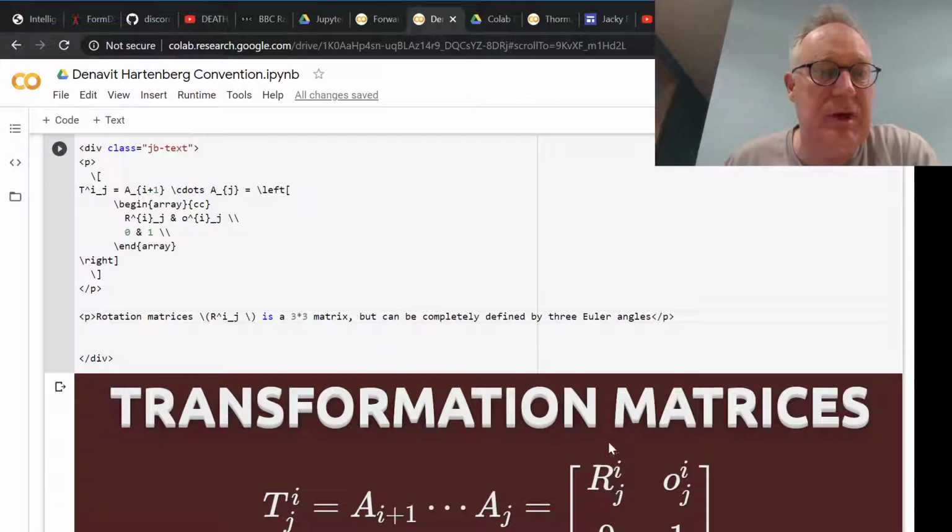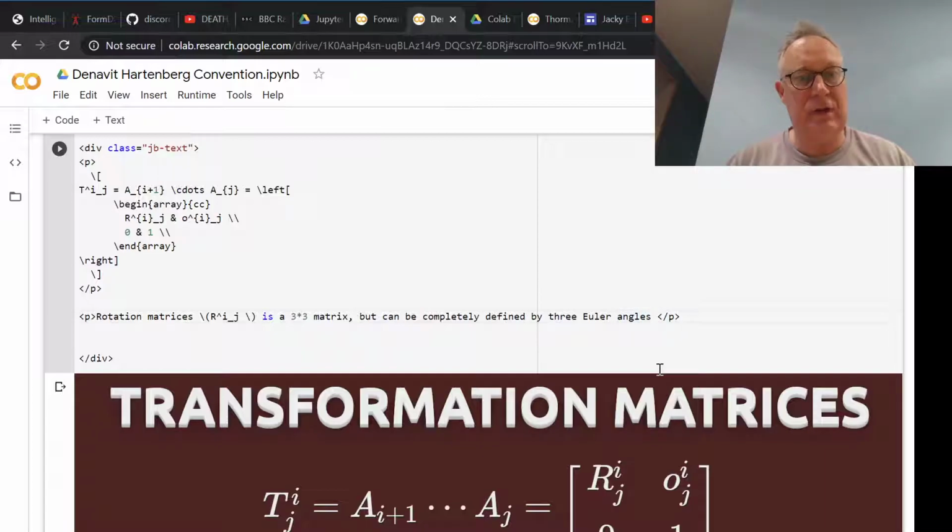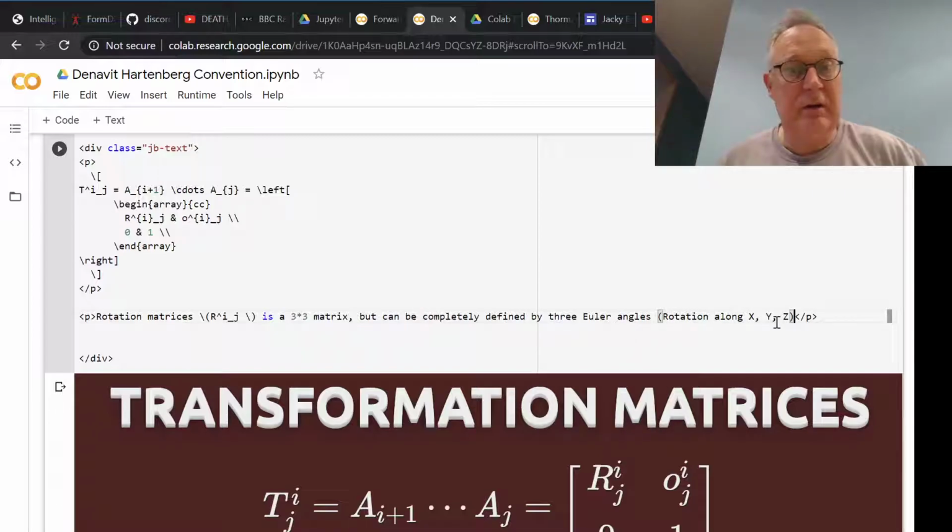So that means I can actually define it completely by 3 Euler angles: a rotation along X, a rotation along Y, and a rotation along Z. Now for the Euler angles, it's important to realize that the order is important.